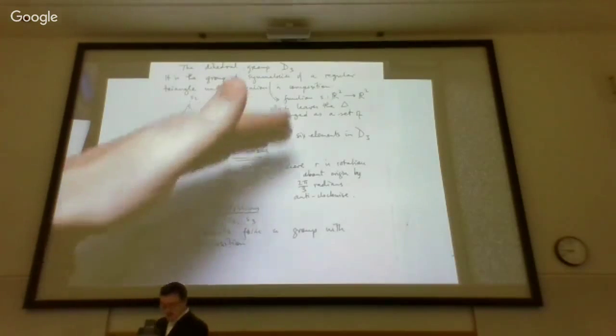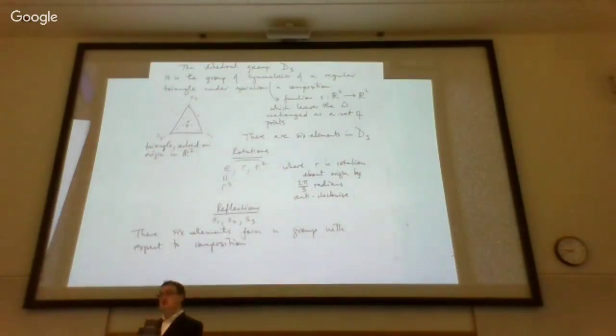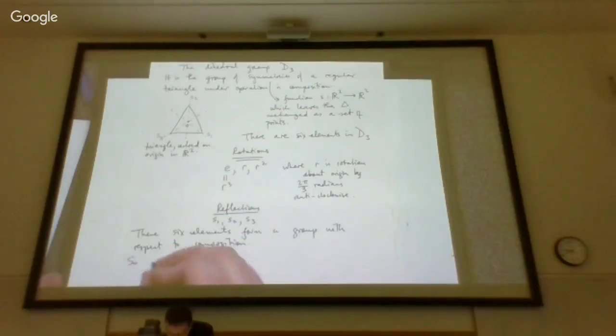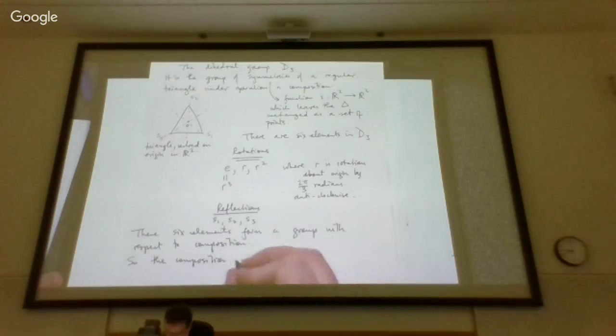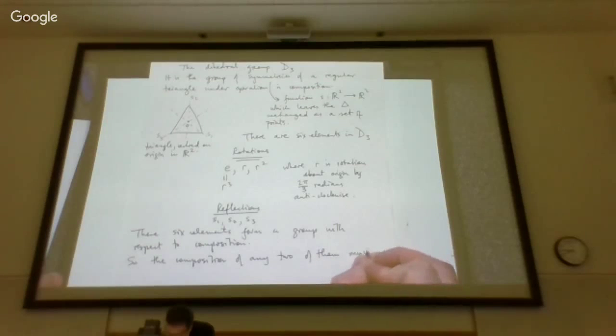Because we're confident that we've identified all the symmetries here. So we've got all 6 of them. So the composition of any 2, or in general terms, the group product of any 2, must be one of the 6.